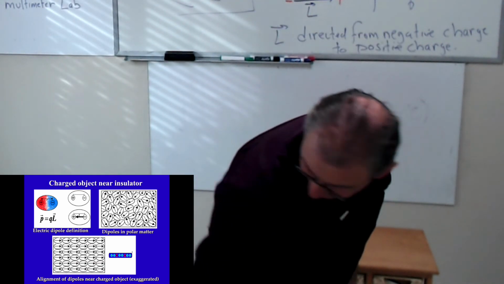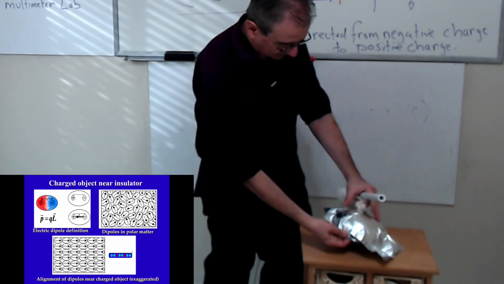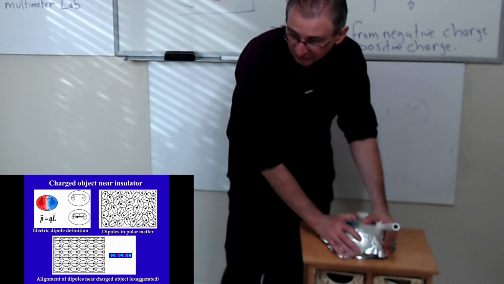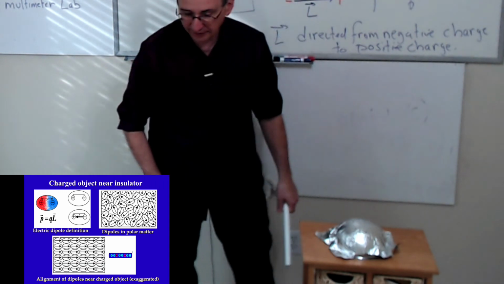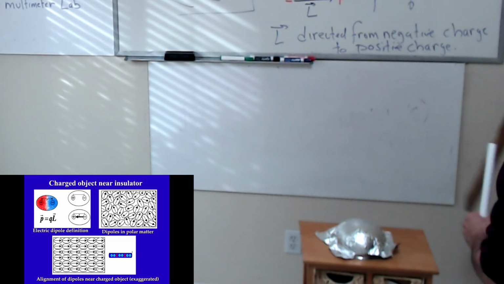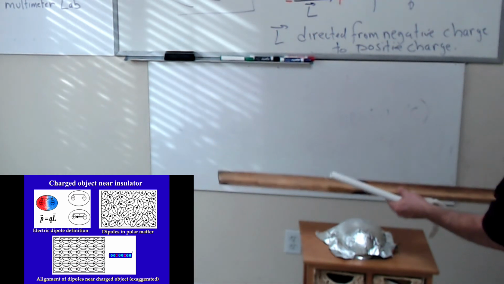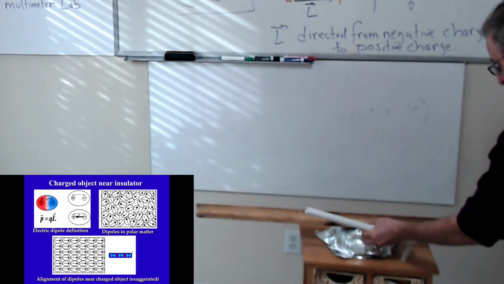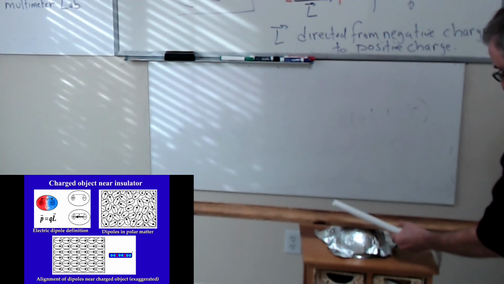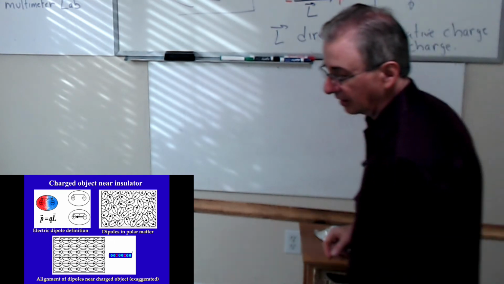What about an insulator? When I do this on campus, I have a petri dish. I don't have a petri dish here, so I actually have an upside down strainer. And I have a board. The hardest part of this demo is to balance the board on the strainer. Do you see the board balanced on the strainer?